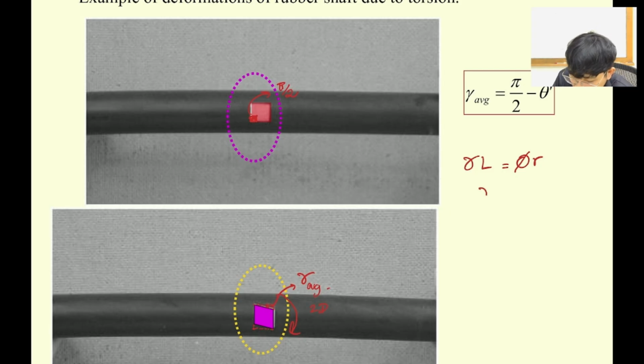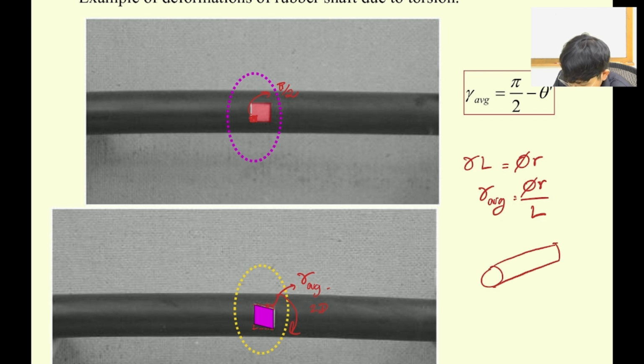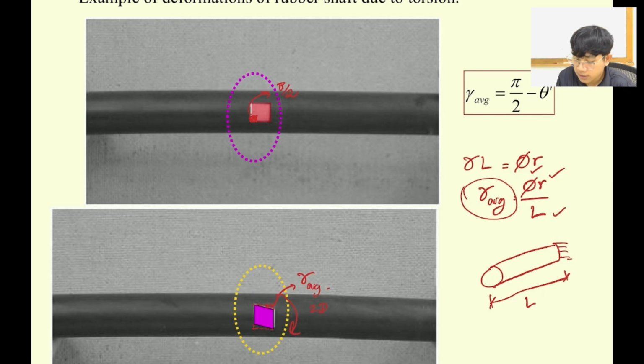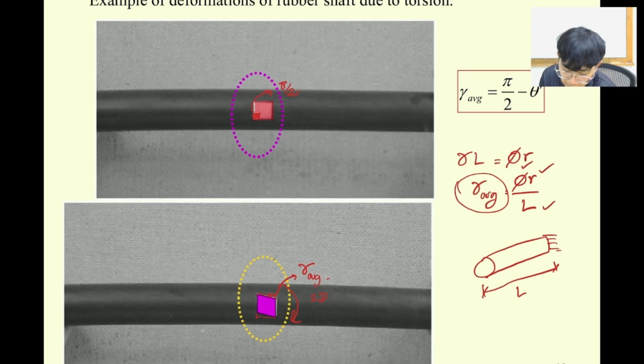If you'd like to find the gamma in radians on average from the lab, it's going to be small r over L. L is your sample length from the lab. Then this one is L, and you can measure the angle over here. You know r, you know L, so you can find the gamma.